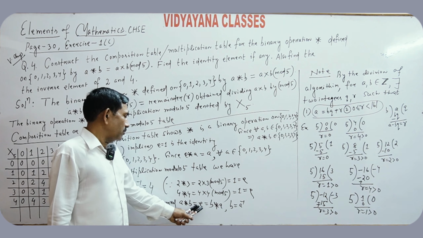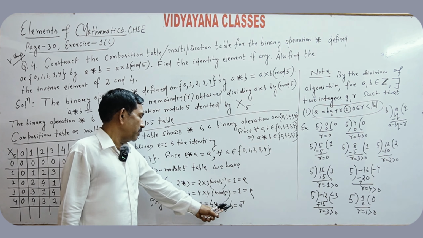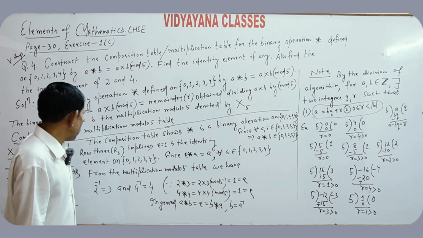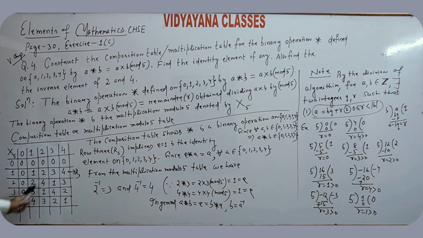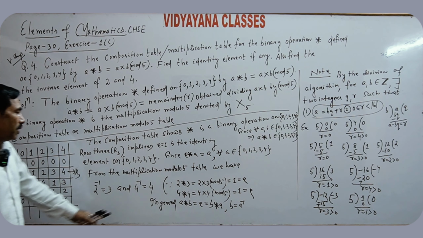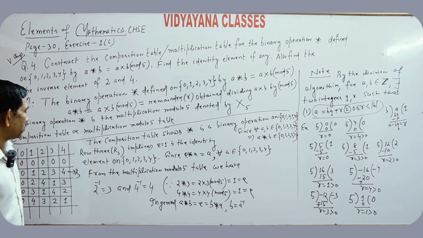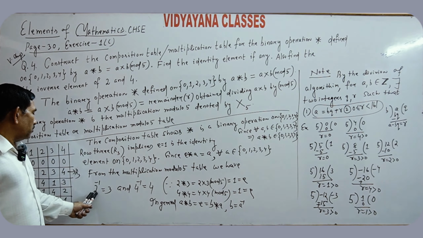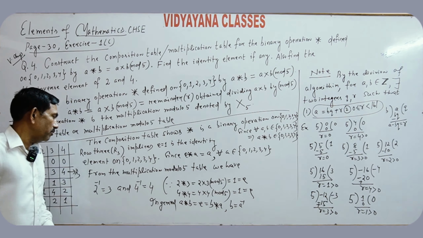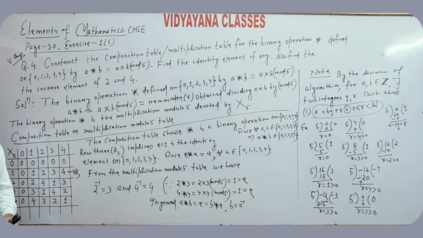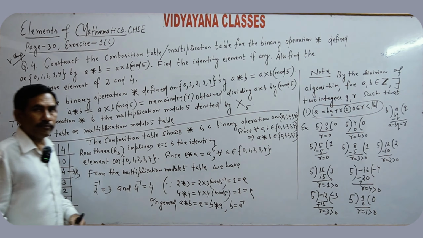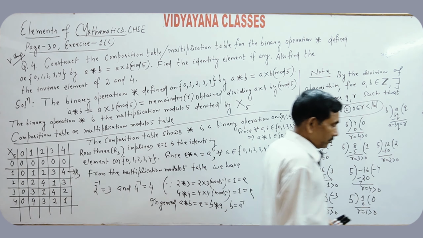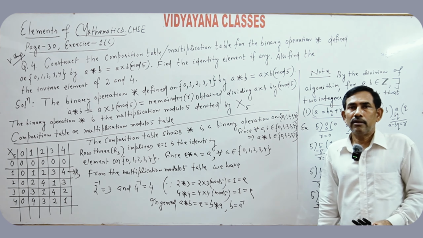A star B is equal to E, which is equal to B star A, where B is the inverse of A. 4 into 4 is equal to 16. 5 divides 16 gives the remainder 1, which satisfies the definition of inverse. So 2 inverse is equal to 3 and 4 inverse is equal to 4. Clear? Are you clear? Okay, note down.